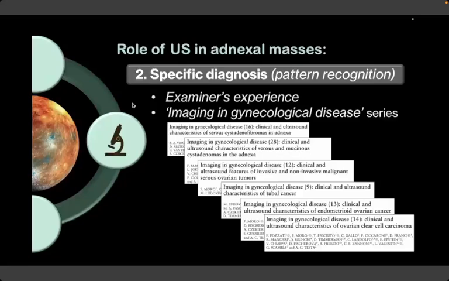A fundamental tool is represented by the pictorial papers in the series Imaging in Gynecological Disease. Several papers have been published. Here you can see those related to the cases I'm about to present.